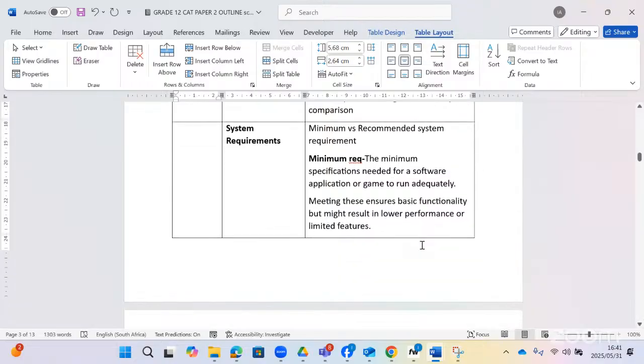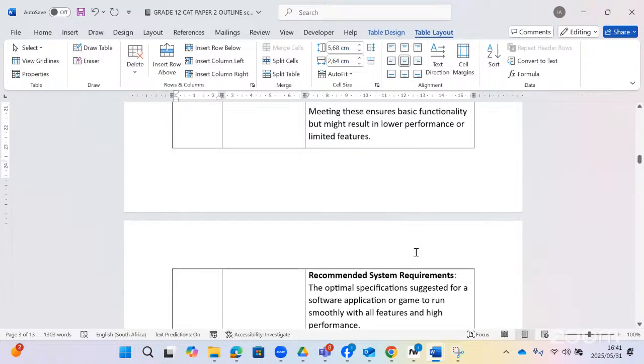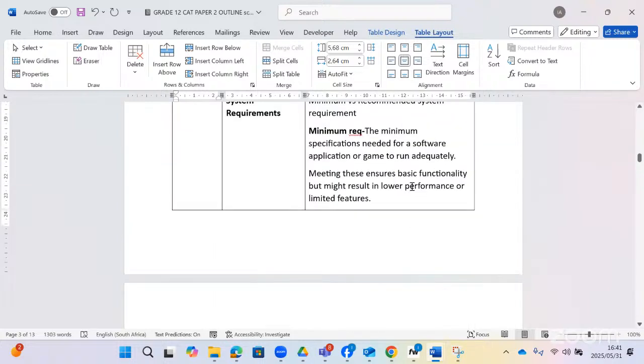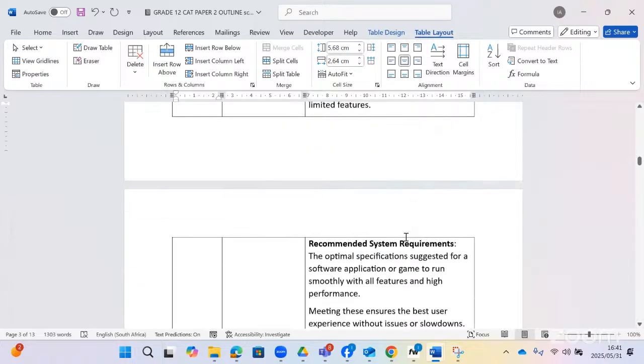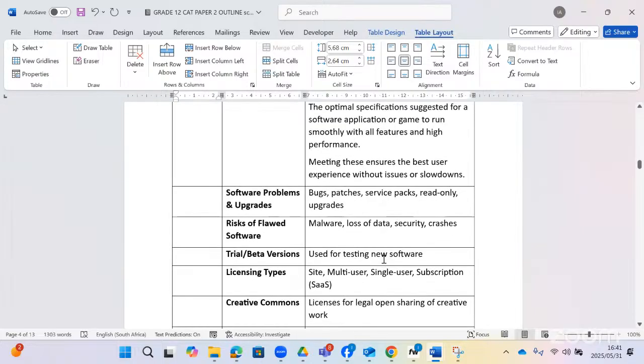And then the recommended one is the optimal specifications needed for a software or application to run smoothly. So with the minimum one, the application might work, but if you want it to run smoothly, then we call it the recommended system requirement. So these are the two requirements that you must know.